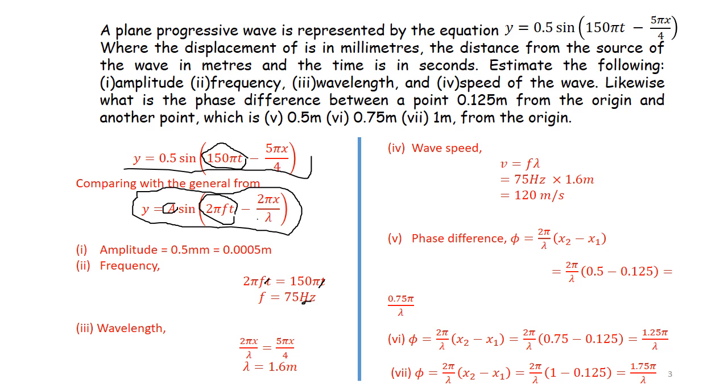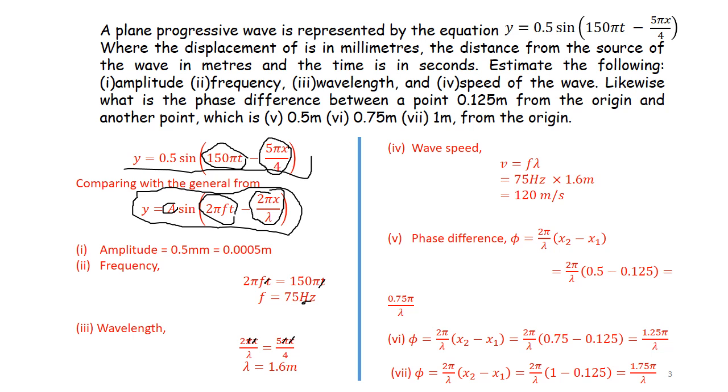Then estimate the wavelength. Also for wavelength, you compare this 2 pi x over lambda with what is given in the equation, 5 pi x over 4. And when you solve, x cancels, likewise your pi, you cancel your pi. So your lambda will be 1.6 meters. Remember, the distance is in meters. That's why your lambda is in meters.